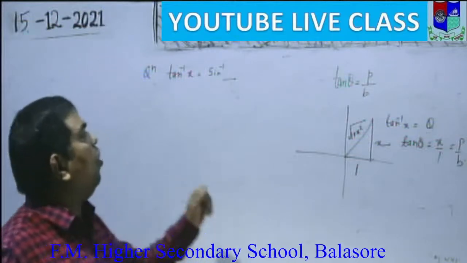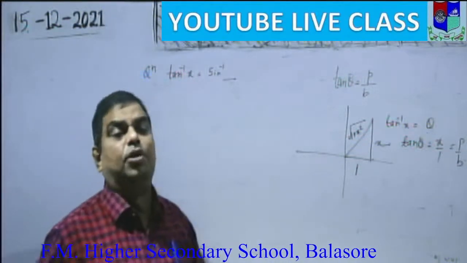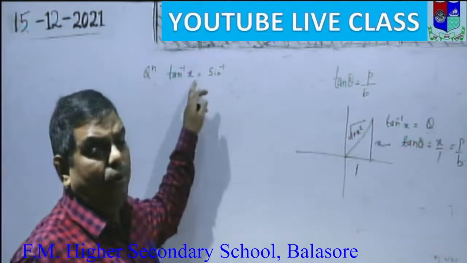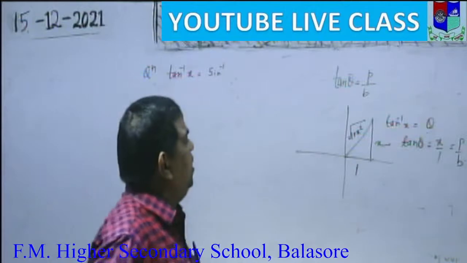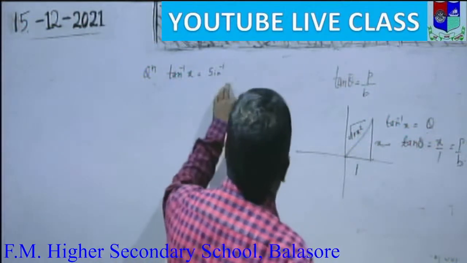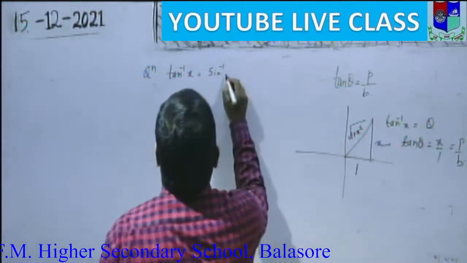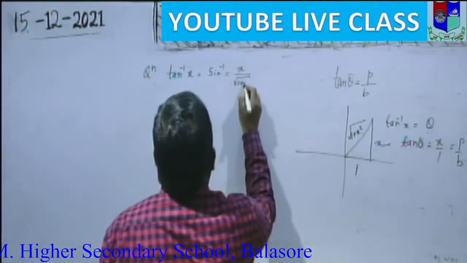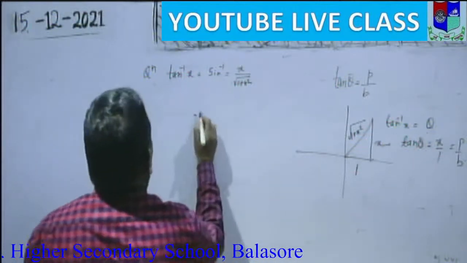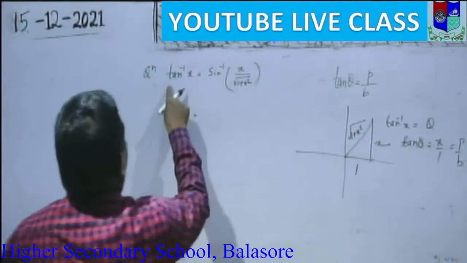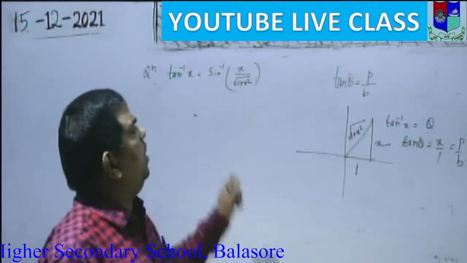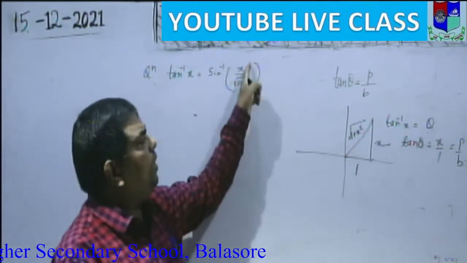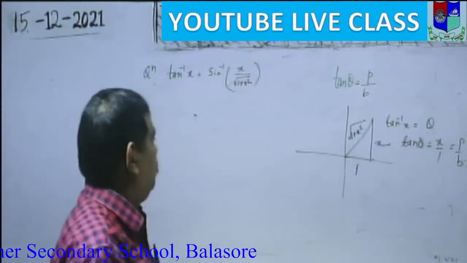My question is, convert tan inverse x to sin inverse. In a triangle, sin is P by H, this is your x by root over of 1 plus x square. Tan inverse x is P by B. Now my required is P by H, this is my conclusion.